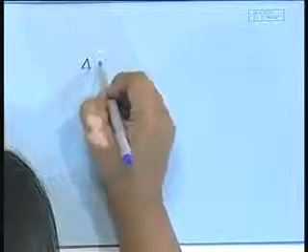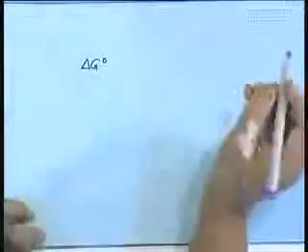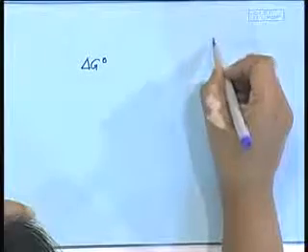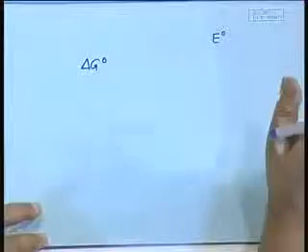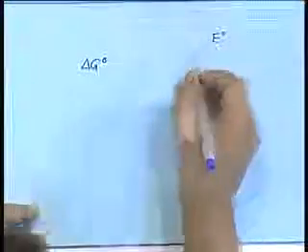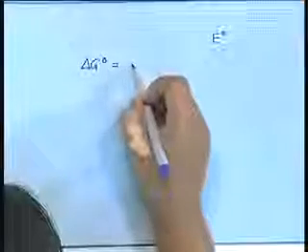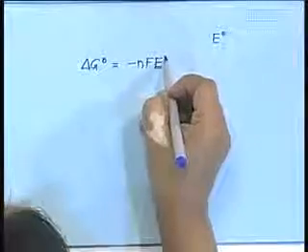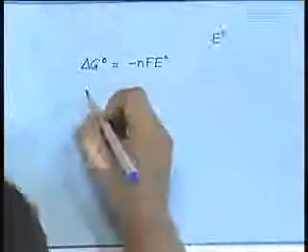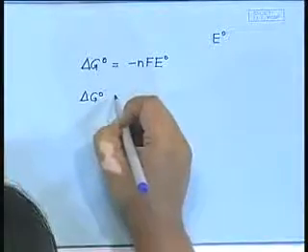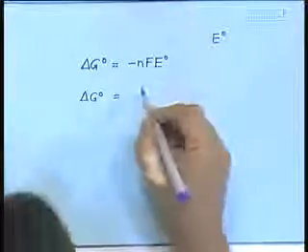If we look at a delta G0 value, for each of these you can have an E0 also associated with it, because remember you have a redox reaction taking place. Okay. In some cases you would have a redox reaction where you would have this minus nFE0, right? From this you can determine the equilibrium constant.